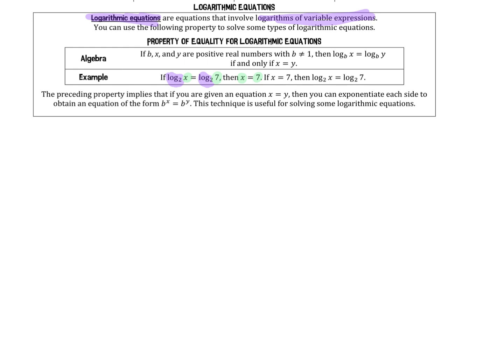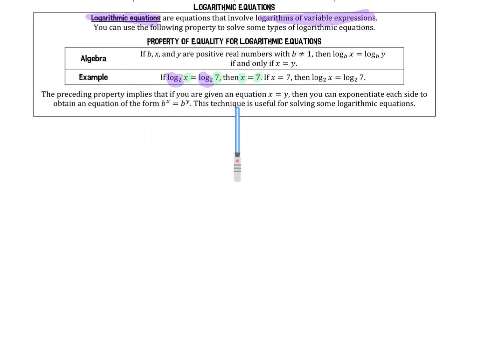If log base 2 of x is equal to log base 2 of 7, in order for these to be exactly the same on both sides of the equation, x has to be equal to 7. What you see written down below is that sometimes it's easier to exponentiate both sides so we can see it in a form that we're more comfortable with, but it's really going to depend on the type of problem.